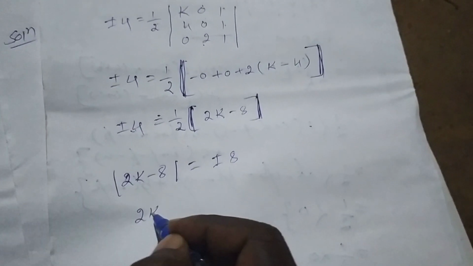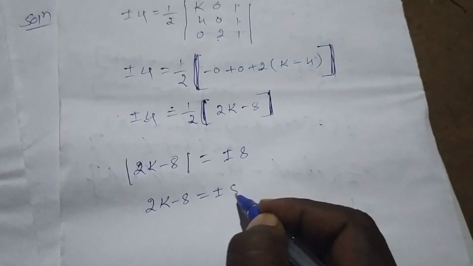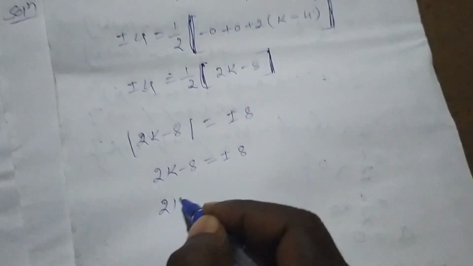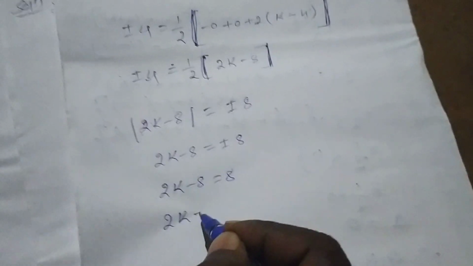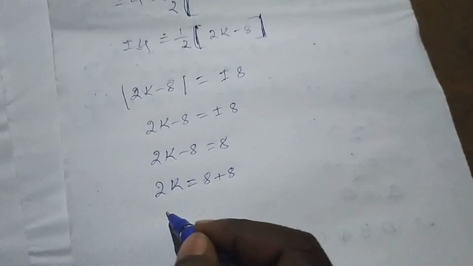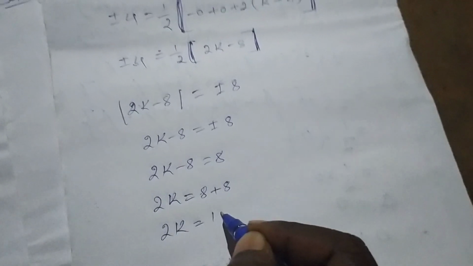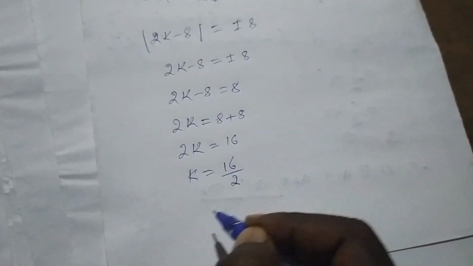Taking out from the mod, we have two values. 2K minus 8 equals plus 8. Then 2K equals 8 plus 8, so 2K equals 16. K equals 16 by 2. K equals 8.